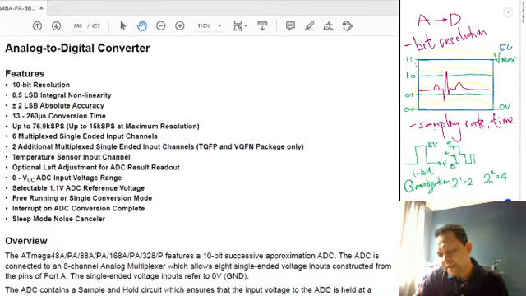So 5 divided by, we cannot take 5 divided by 4, because the number of levels is not actually 4 if starting from 0. Yes, it is 4, but the formula is 2 to the power of n minus 1, so there would be 3 steps, so 5 divided by 3 volts.